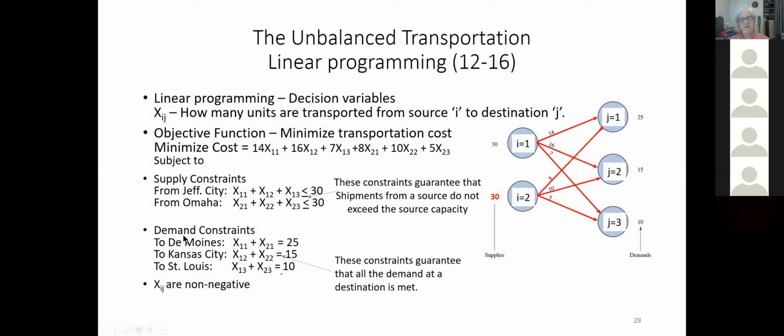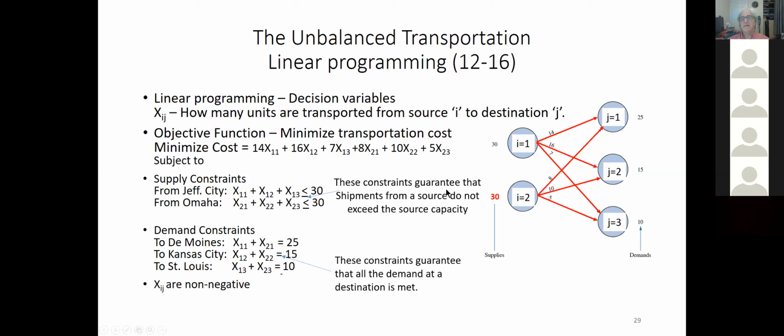And what will happen here? These are the demand constraints. They will remain equal to. When you solve this model, all the demands will be satisfied because of these constraints, but not all the capacity will be used. One or both will work under capacity.